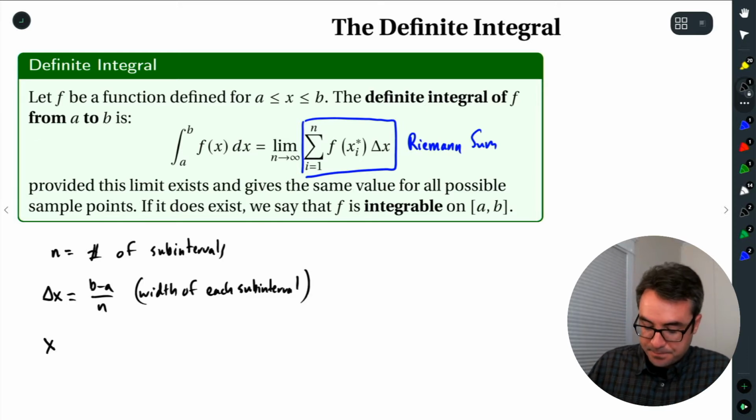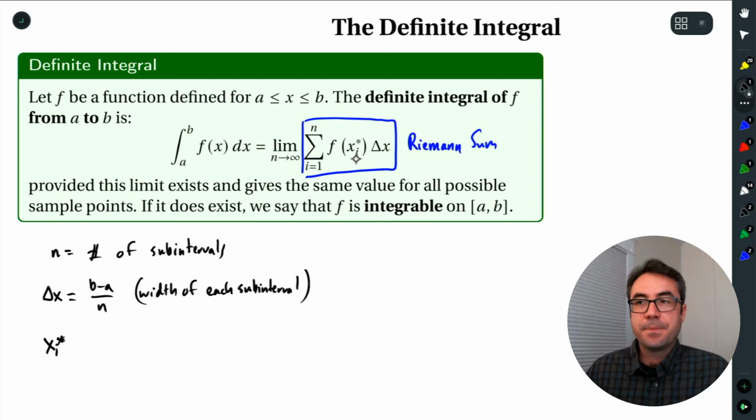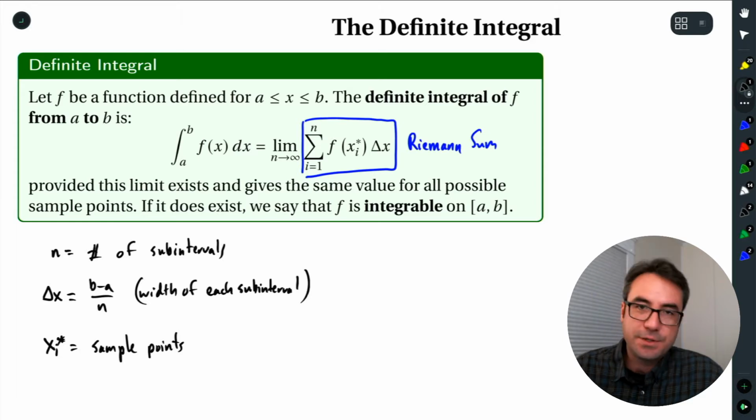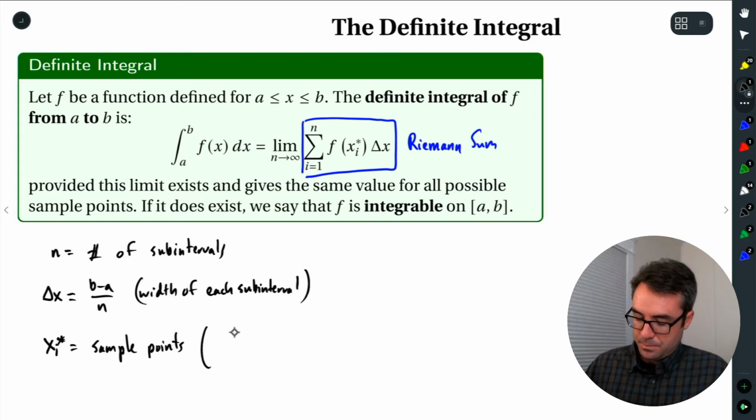And xi star here, these are the sample points. And we have control over those. So usually we're doing left endpoints, right endpoints, or midpoints. But it doesn't even have to be those.